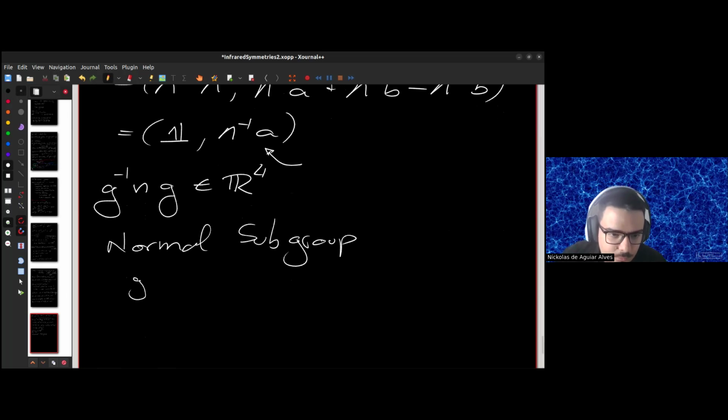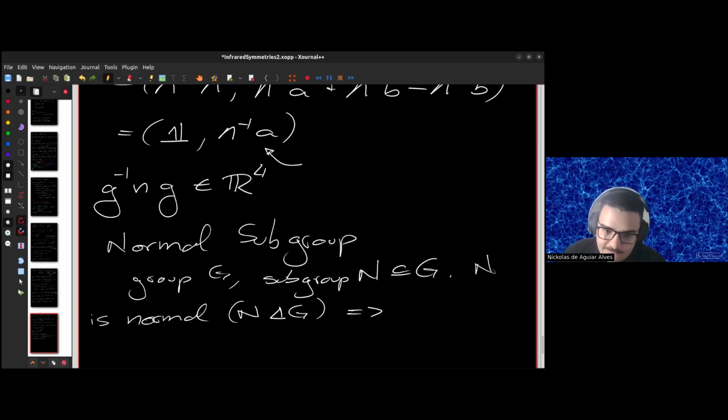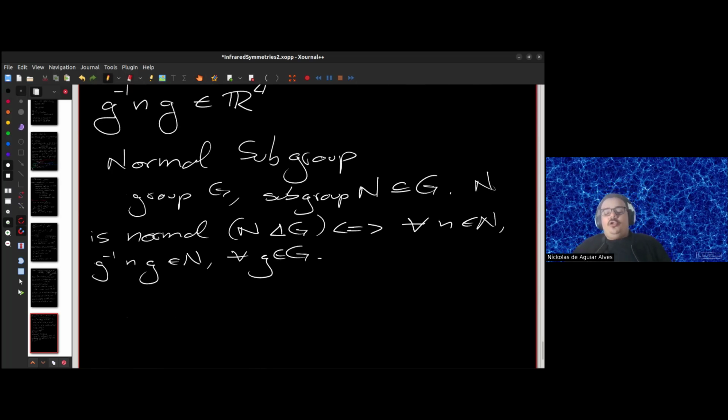We have a group G, and we have a subgroup N inside G. We say that N is normal, which we write with this funny notation with a triangle, N is a normal subgroup of G, if and only if for all n in N, it holds that G inverse n G is in N for all G in G. So when you conjugate a normal subgroup by any element of the group, you still end up with the normal subgroup.